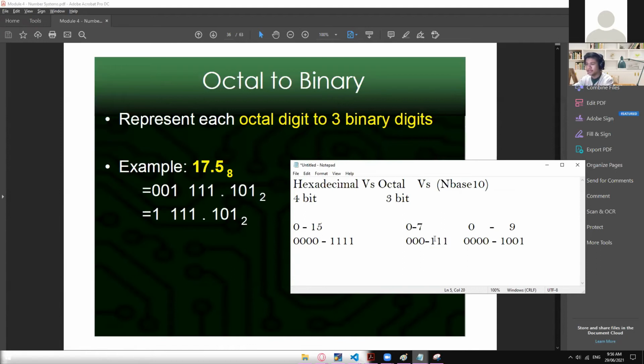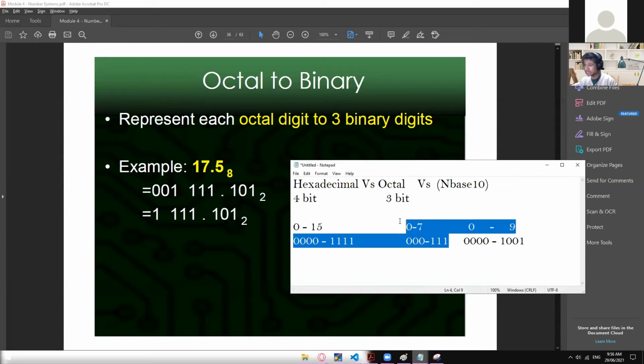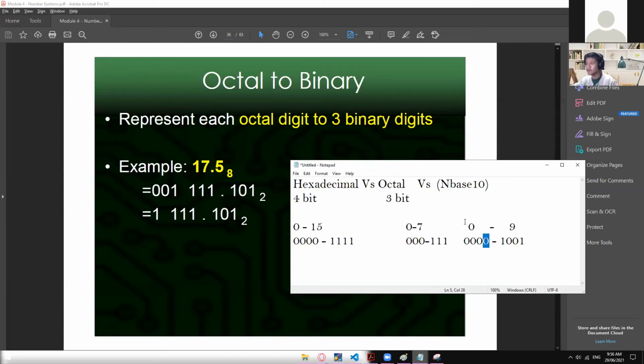So 1, 1, 1 is already equal to 7, so 4 plus 2 plus 1. So are we clear so far on why we have 4 bits in hexadecimal, why we only need 3 bits for the octal, and why we need 4 bits if it's already exceeding octal, let's say base 9, base 10, base 11, base 12, and so on?